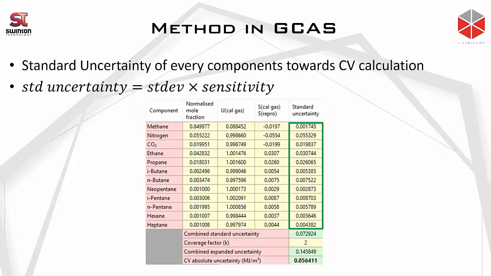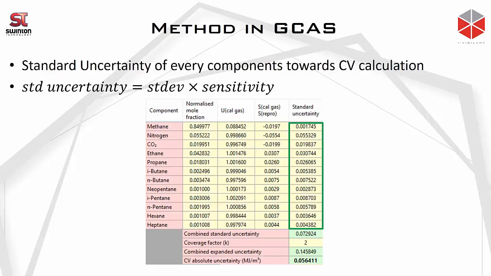What we do next is calculate the standard uncertainty of the CV contributed by each individual component. The standard uncertainty is the uncertainty of the actual gas multiplied by the sensitivity. Normally, we can get the uncertainty of the calibration gas from the calibration gas certificate.